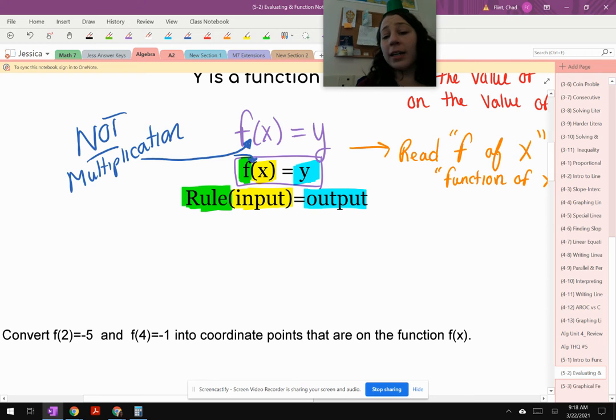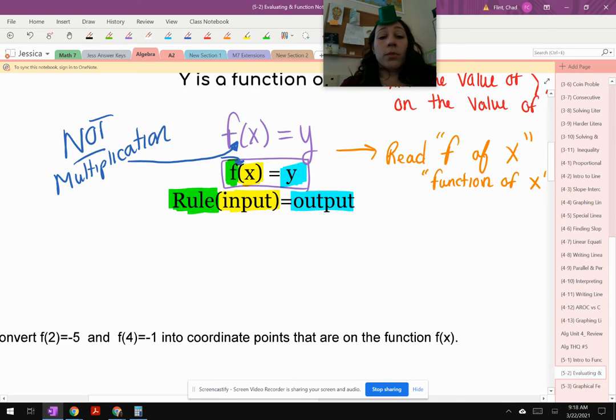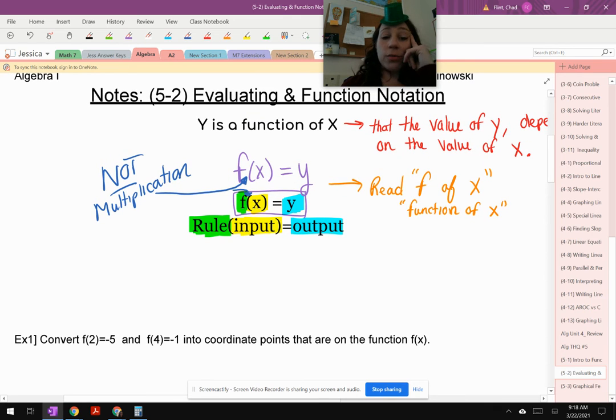And then your y is the output. So those pieces correspond with each other. F is the rule, x is the input, like we talked about last lesson, y is the output. You take the x, you put it in, you do the rule, and then it spits out an output or a y value.